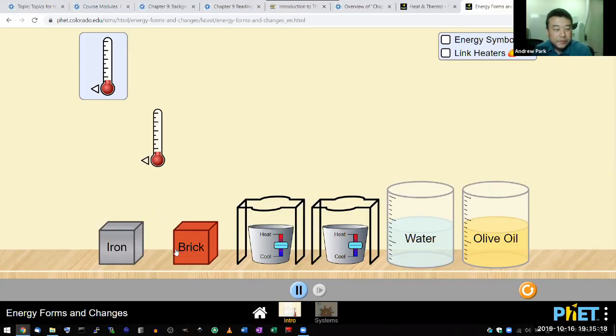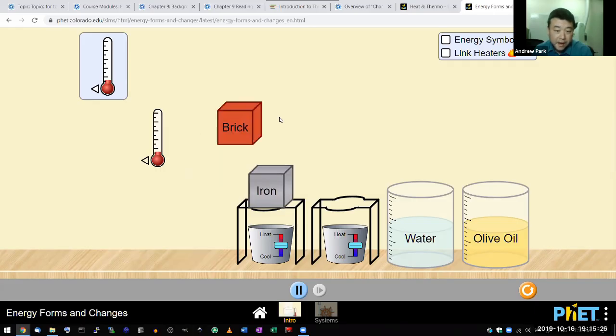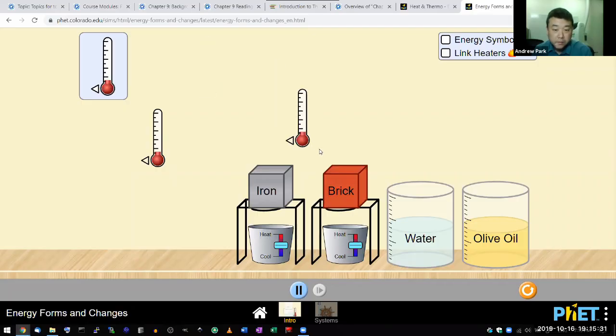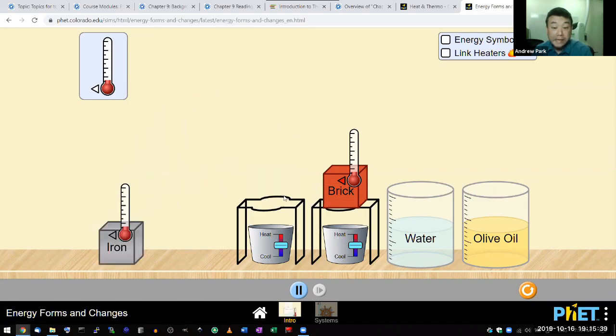I guess we can use this to talk about temperature. So what we can do is put an iron and a brick block here, and illustrate what happens to these two blocks as we heat them.